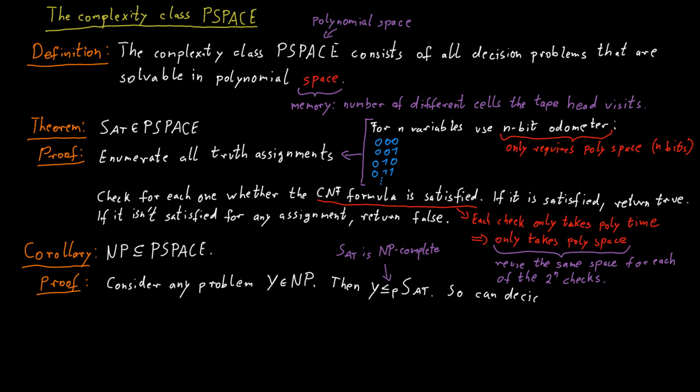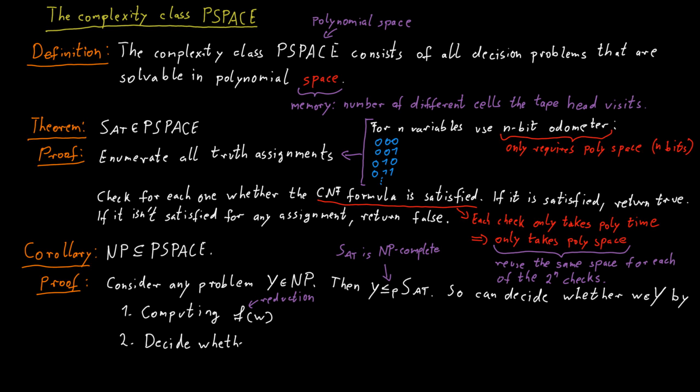And so we can decide whether a word belongs to the language y by computing this reduction f in polynomial time, and then deciding whether f of that word is in the language satisfiability. As we have seen, we can decide whether a word is in this language satisfiability in polynomial space using this trick with the n-bit odometer.